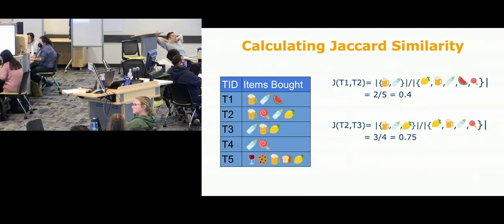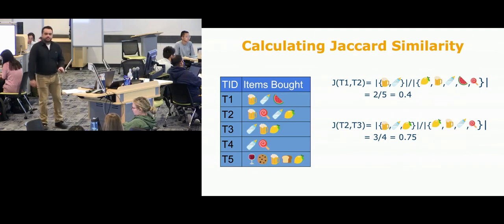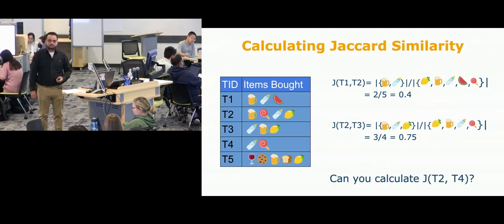But there are 2 repeated items, milk and beer. So if we look at the union of them, there are 5 total items. So 2 divided by 5, 0.4. Similarly, between T2 and T3, the Jaccard similarity is 0.75. Okay. So can you calculate the Jaccard similarity between T2 and T4? I'll give you a minute.